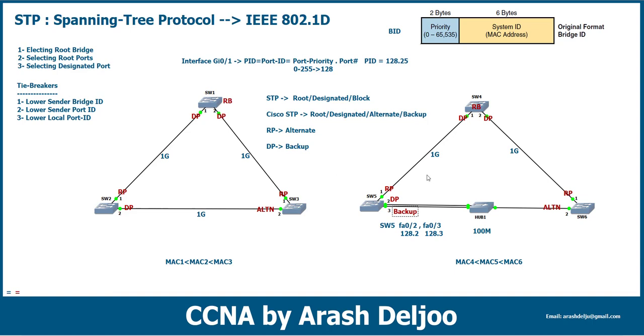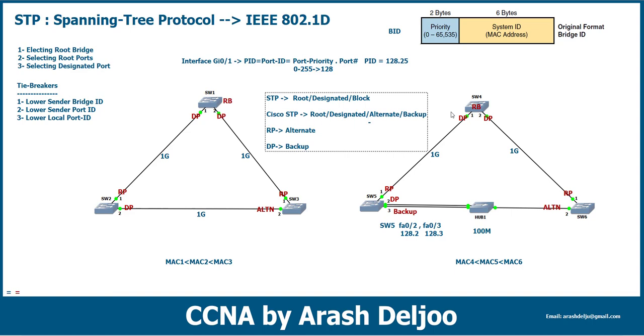For example, when you are verifying show spanning-tree, you can see alternate. You can understand that this interface can be a root port when the root port fails. Or when you see backup, this means that when the designated port fails, this interface can take over.